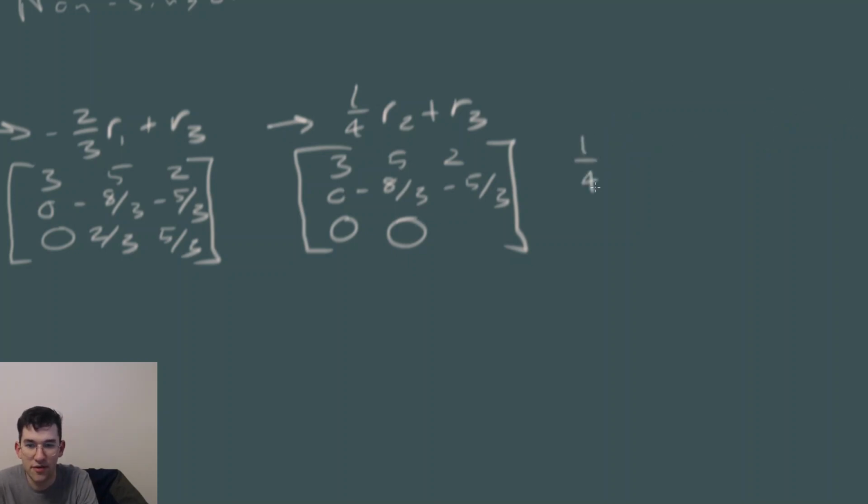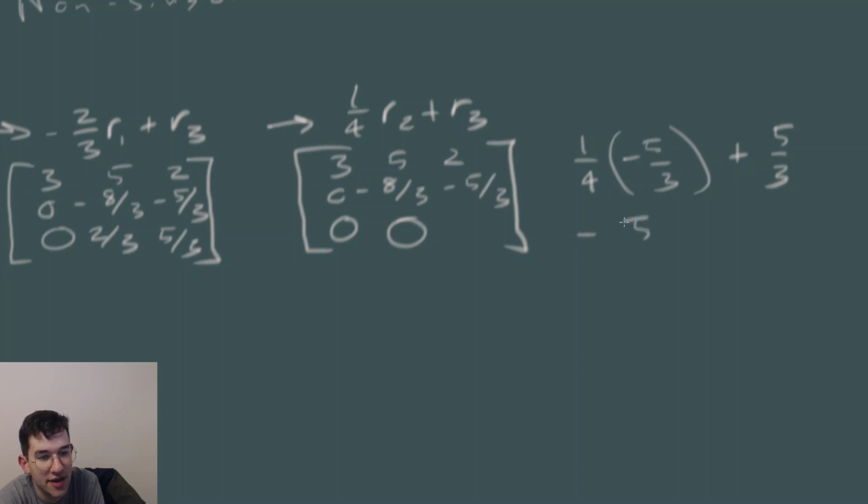One fourth times R2, negative 5 thirds times 5 thirds plus 5 thirds equals 5/12 plus 5 thirds. What can we times 5 thirds by?